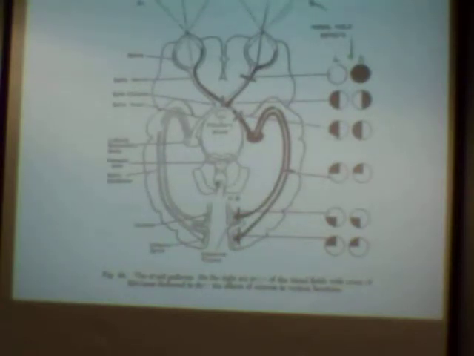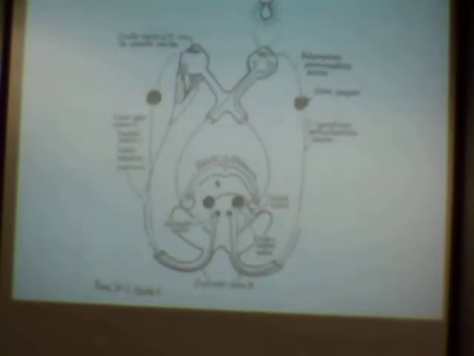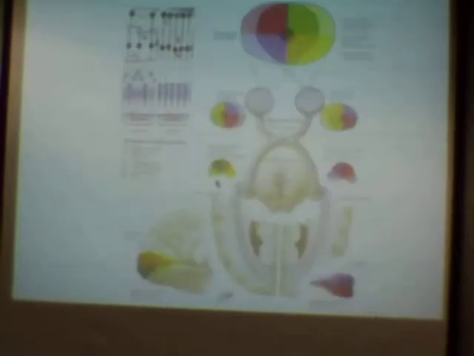Okay, let's get to this diagram. So far, all I've said is that all the nerves in the optic nerve go to the optic cortex. That's not correct.